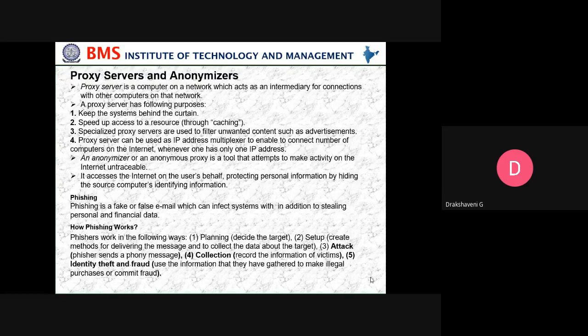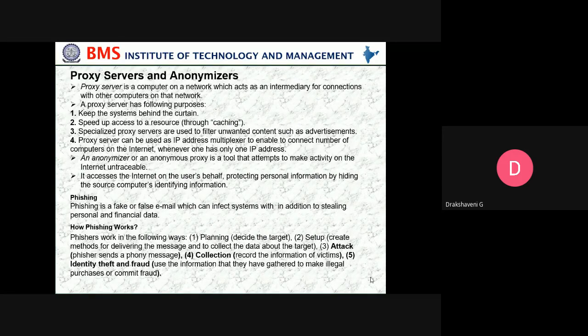What is phishing? Phishing is a fake or false email which can infect a system, in addition to stealing personal and financial data. Along with taking the personal and financial data, it infects your emails by passing false emails. So how does phishing work? A phisher works in the following ways.